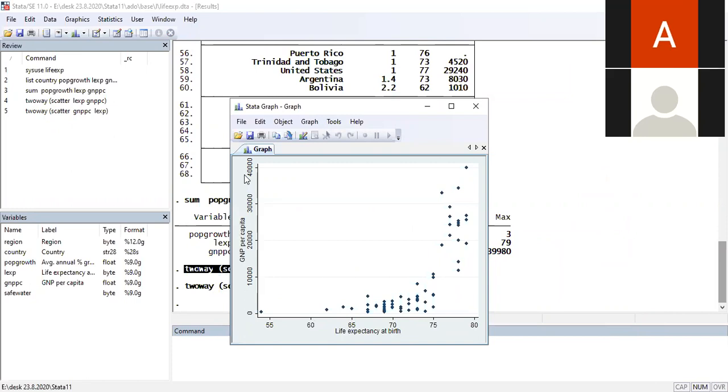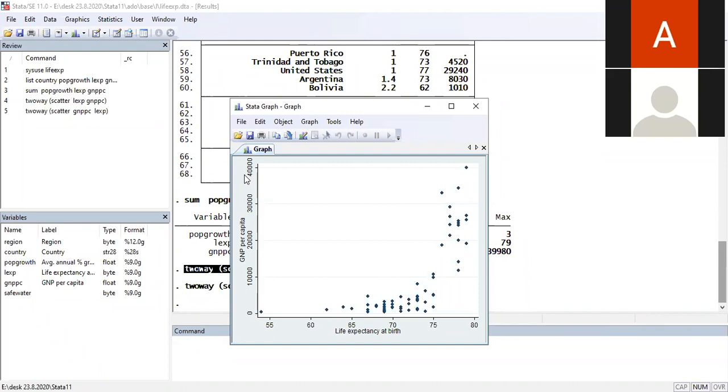If you want to draw a scatter diagram, when you do research, this is a very good thing. First thing you do is descriptive statistics, so you have some sense of the variables. Then you have some focus of interest. Let's say your interest is what happens to life expectancy at birth when GNP per capita increases.